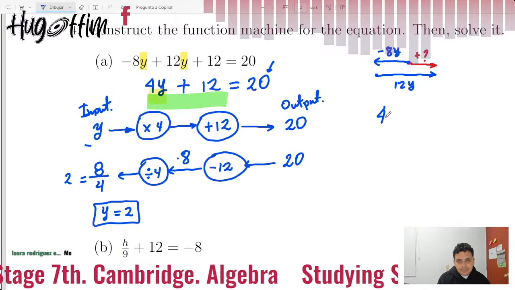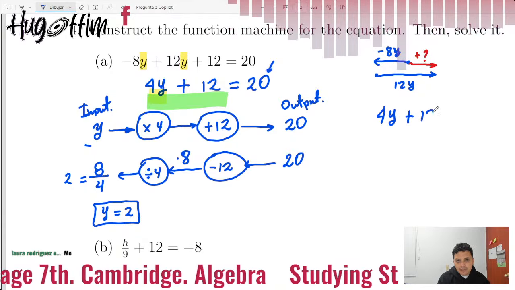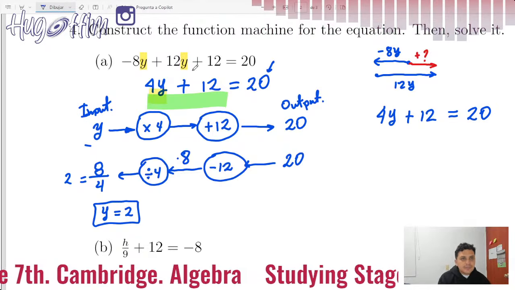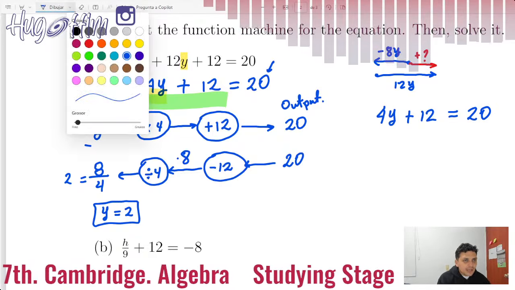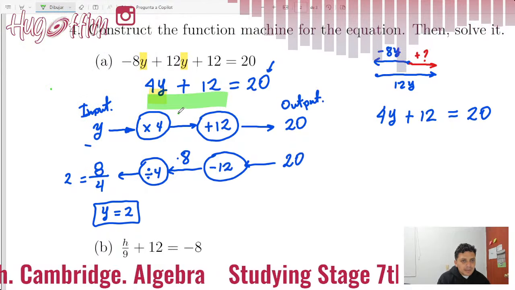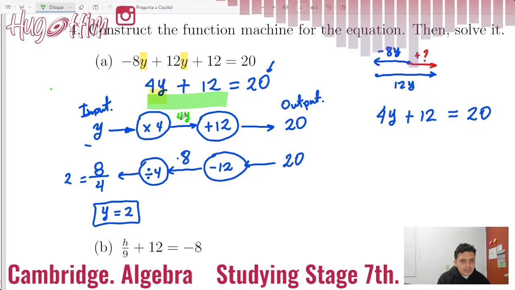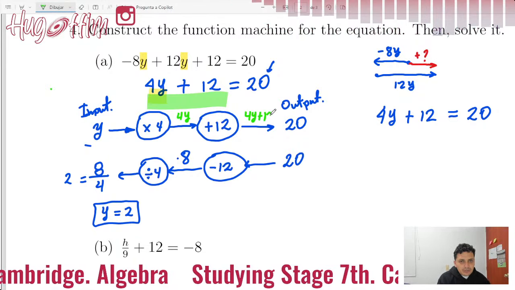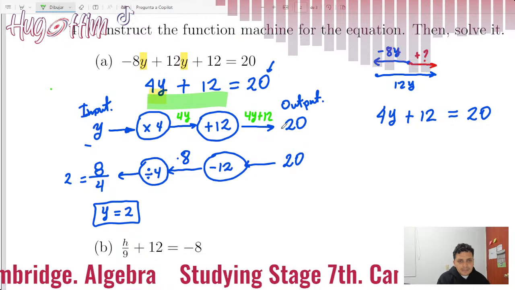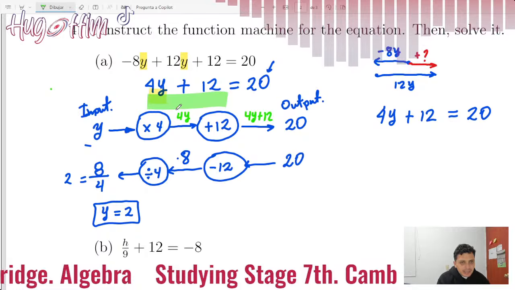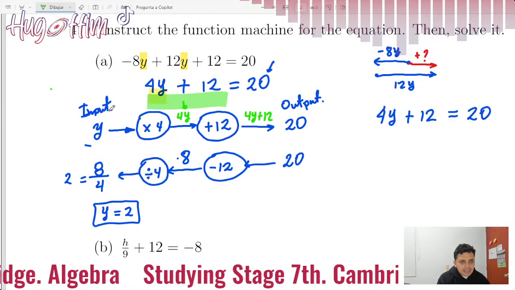Observe. 4y plus 12 equals 20. Okay? For example, something that you can imagine here is that you have y, you multiply it by 4, you have 4y, then you add 12, you have 4y plus 12 is 20, right? So if I go backwards, I'm getting this term and then this term.